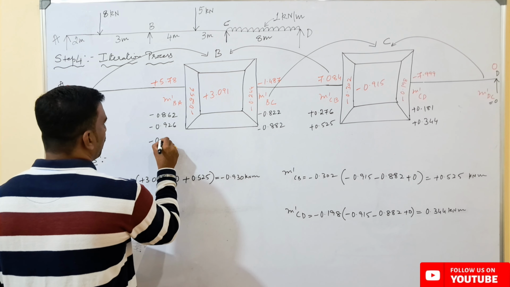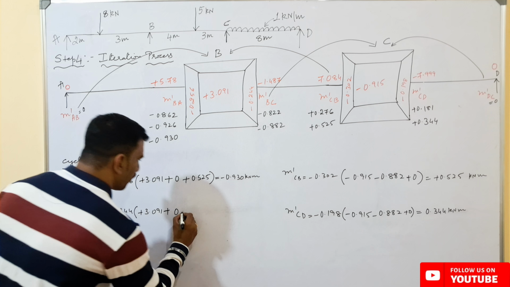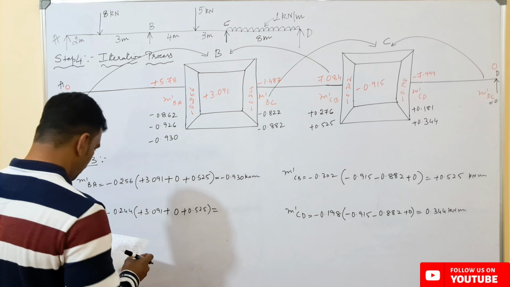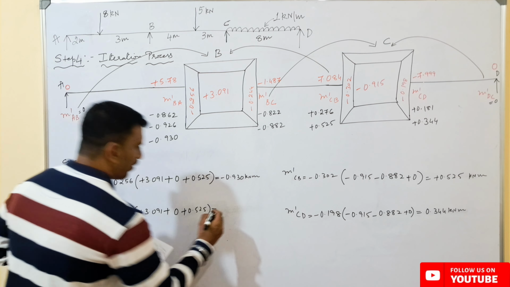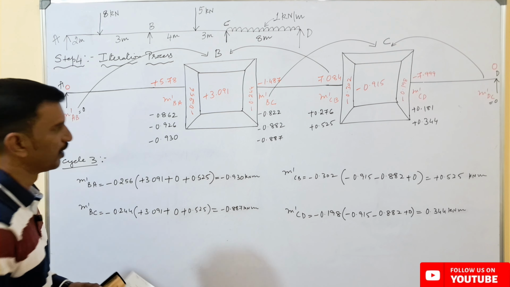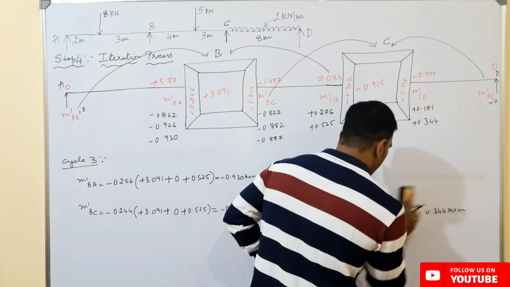So here minus 0.930 kilonewton meters. Here also 0.525 will be equal to minus 0.887 kilonewton meter. So we shall write here minus 0.887.